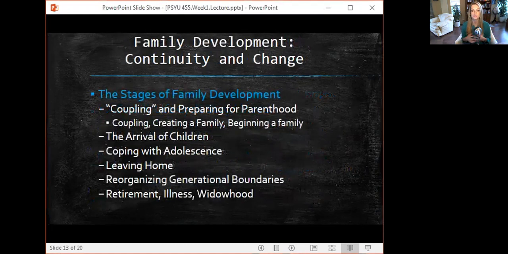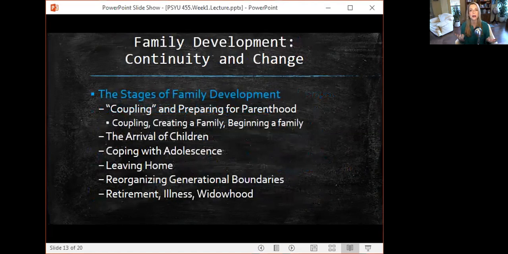Intact families typically proceed chronologically through a series of family growth phases. Coupling, where partners are moving from interdependence to intradependence. Expansion, accommodating children. And later, contracting with one another as children move on.